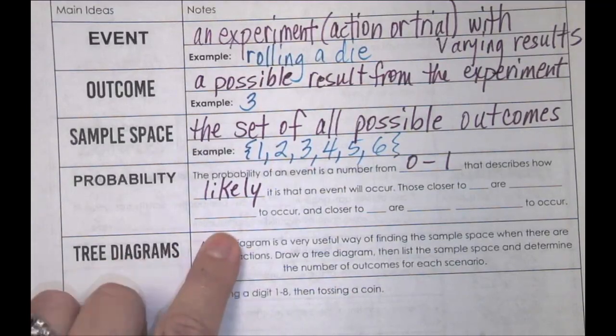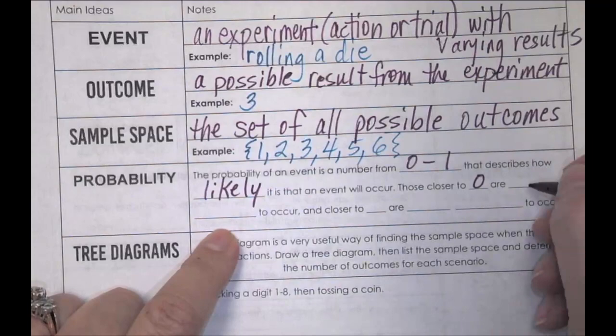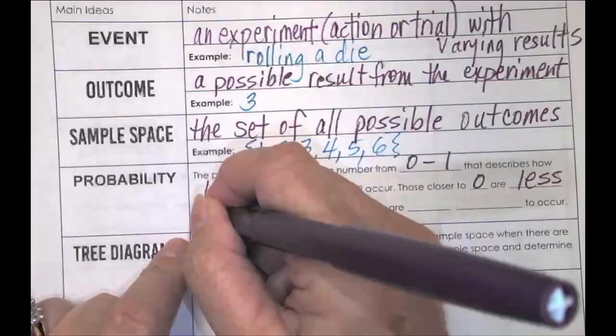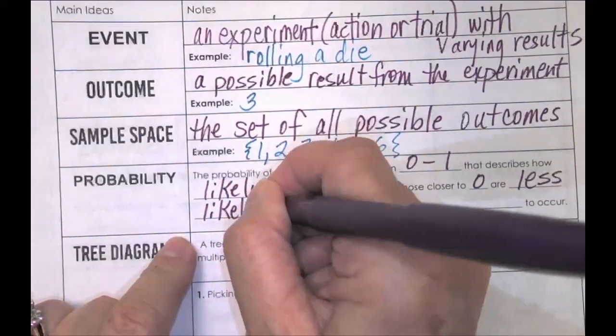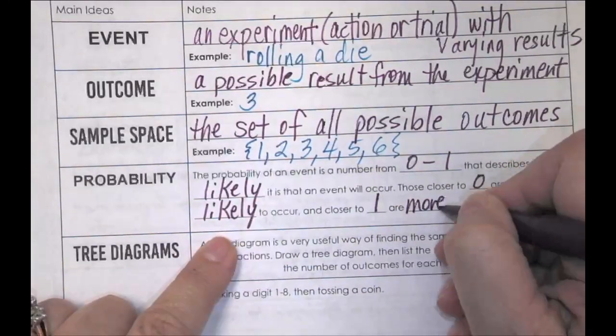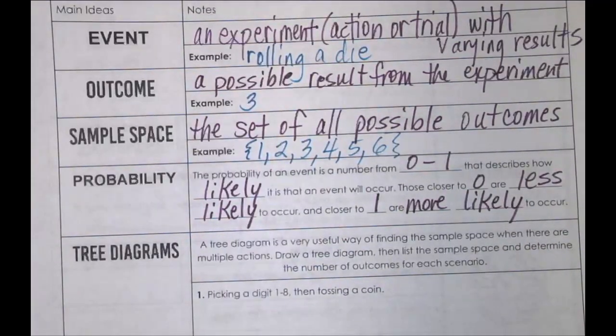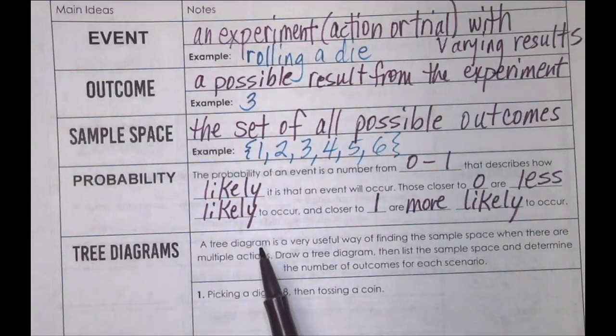Those closer to 0 are less likely to occur, and closer to 1 are more likely to occur. So closer to 0, less likely, closer to 1, more likely.